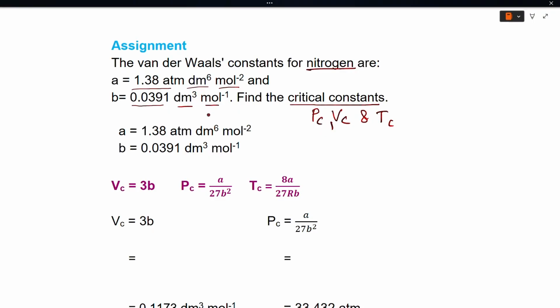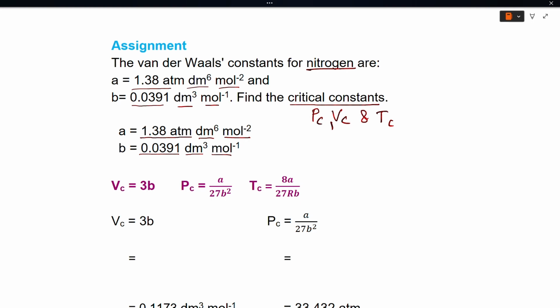So, these are the critical constants we have to find out, and in the previous session we have seen the relations between them, and using that relation we will be calculating these values. The data are written here: A is equal to 1.38 atmosphere decimeter raised to 6 mole raised to minus 2 and B is equal to 0.0391 decimeter cube mole inverse.